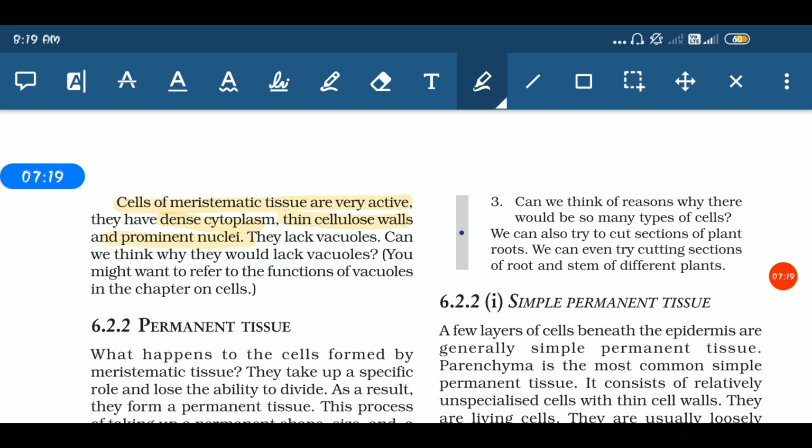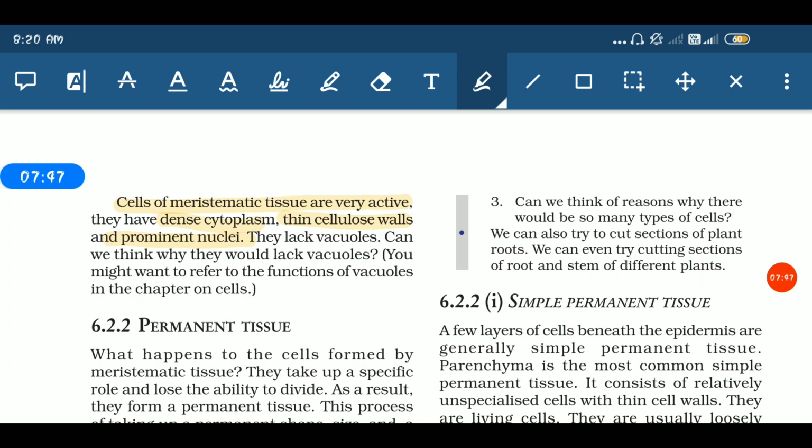And now what does it mean? अब यहाँ पे dense cytoplasm का मतलब होता है they have a huge amount of cytoplasm, and the cell wall is very thin, small thin cell walls होती हैं इनके cells की, and the cells are arranged very compactly to each other. इसका मतलब क्या, that they lack intercellular spaces.